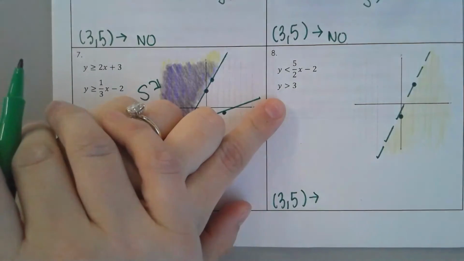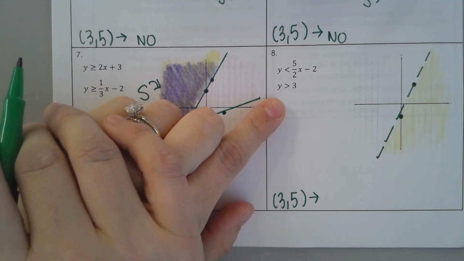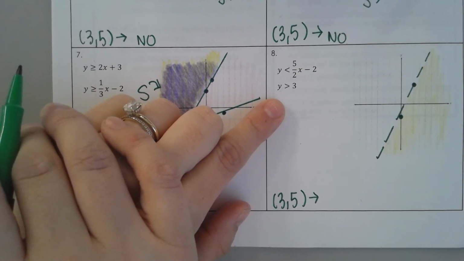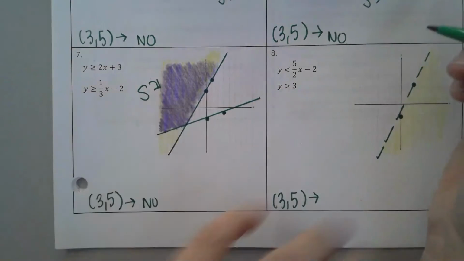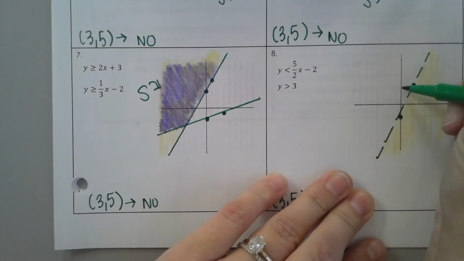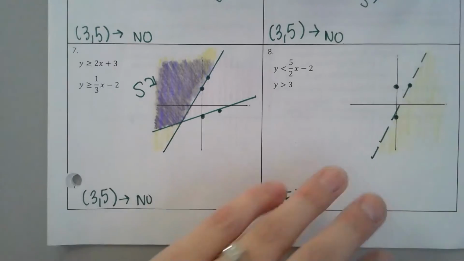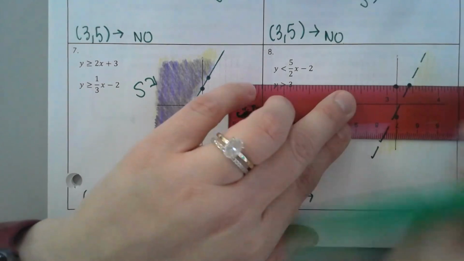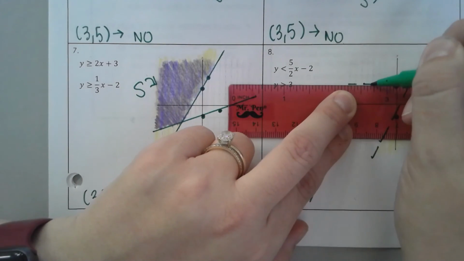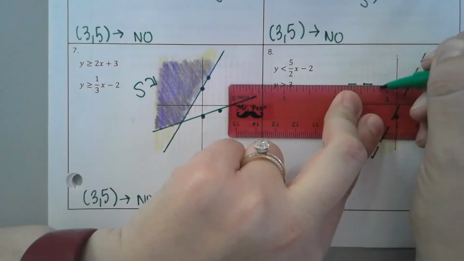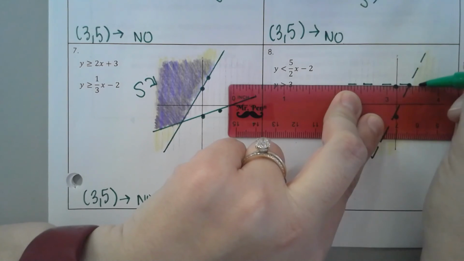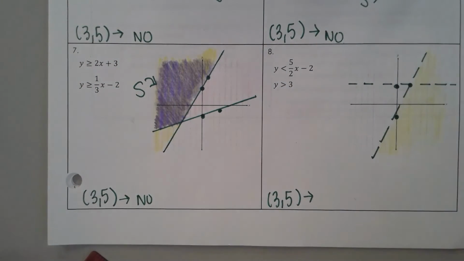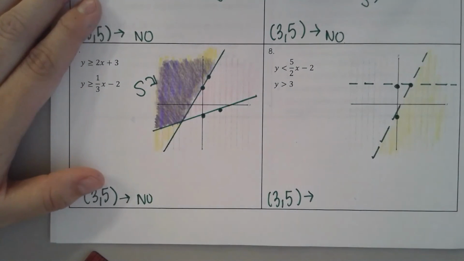What about the second line? What kind of line is that? It's a horizontal line that crosses through the y-axis at 3. Wait, how many did you go up? 3.